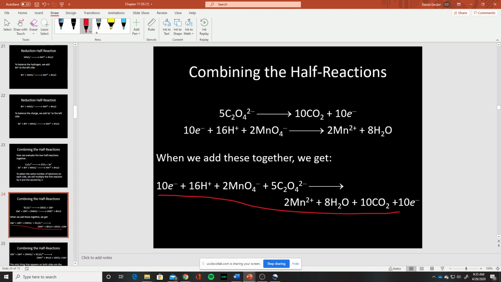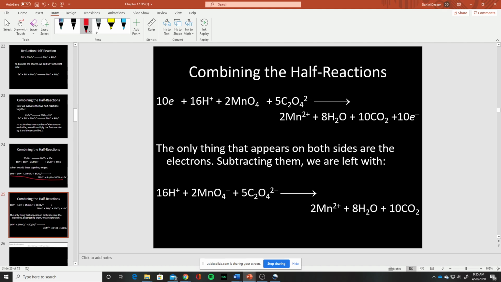It wouldn't have the electrons in there. And you would have to fill in the values for the coefficients here. The coefficients would not be shown like this. It would just be the molecules. You will have to balance it on your own, and then fill in the correct values for the coefficients in the balanced chemical equation.